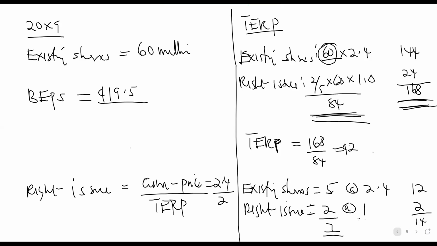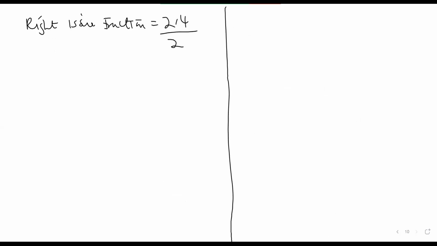So 2.4 divided by 2, I'm having 1.2. Can we make it like a fraction? 6/5. So the right issue fraction is 6/5. Okay, let's now do the work.